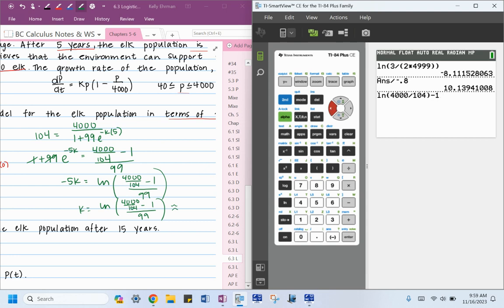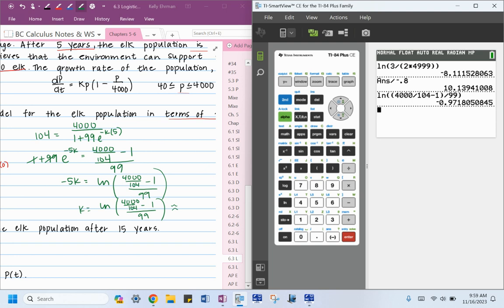Get that in parentheses. There's the numerator. Divided by 99. All of that's in the natural log. Okay, so I'm getting this value here.